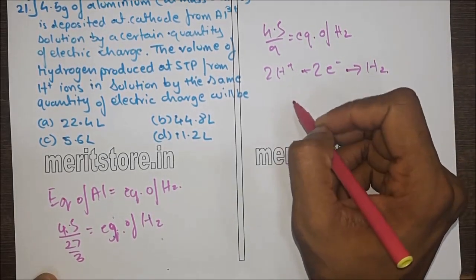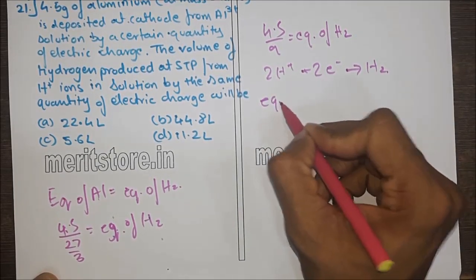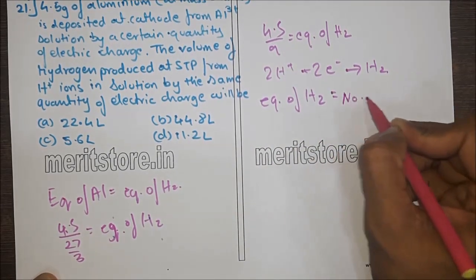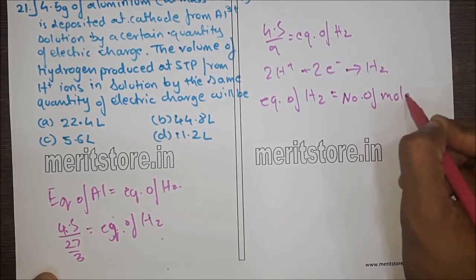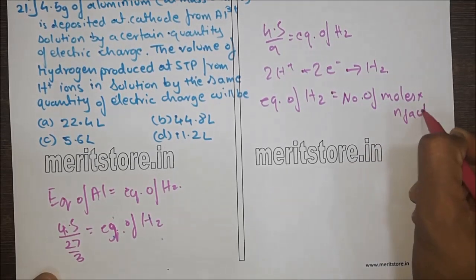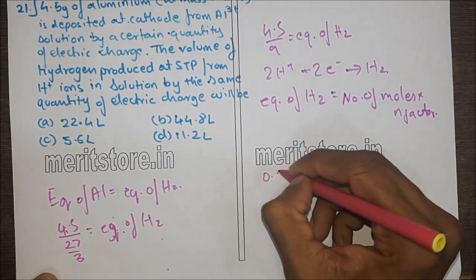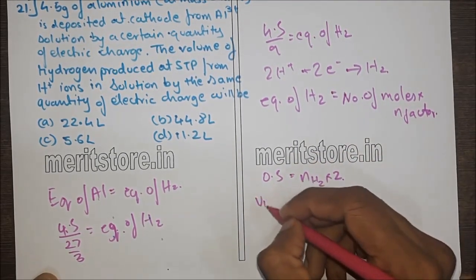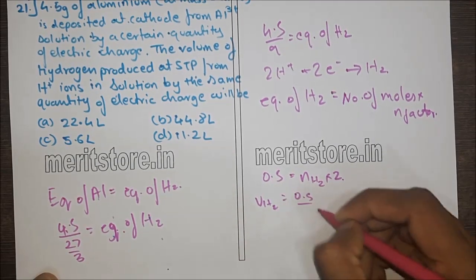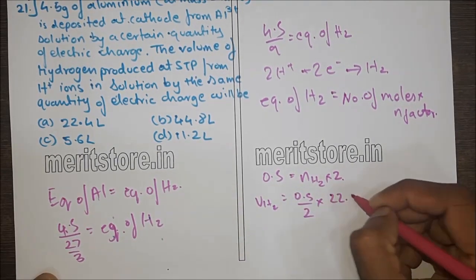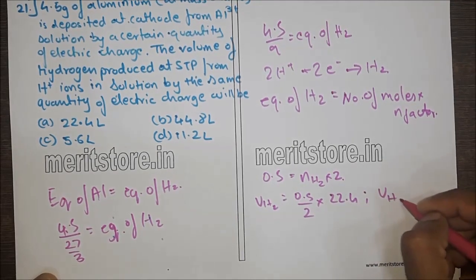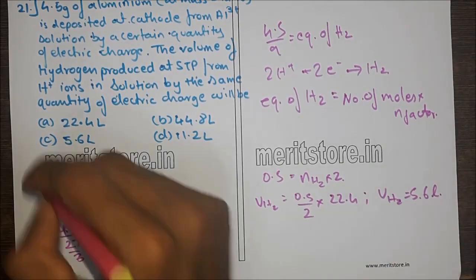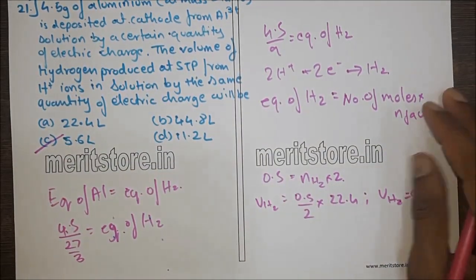Therefore equivalents of H2 is equal to number of moles into n factor, that is 0.5 equal to n of H2 into 2. Therefore we get V of H2 equal to 0.5 by 2 into 22.4. That is, we get V of H2 as equal to 5.6 liters, which matches option C. Therefore option C is the correct answer.